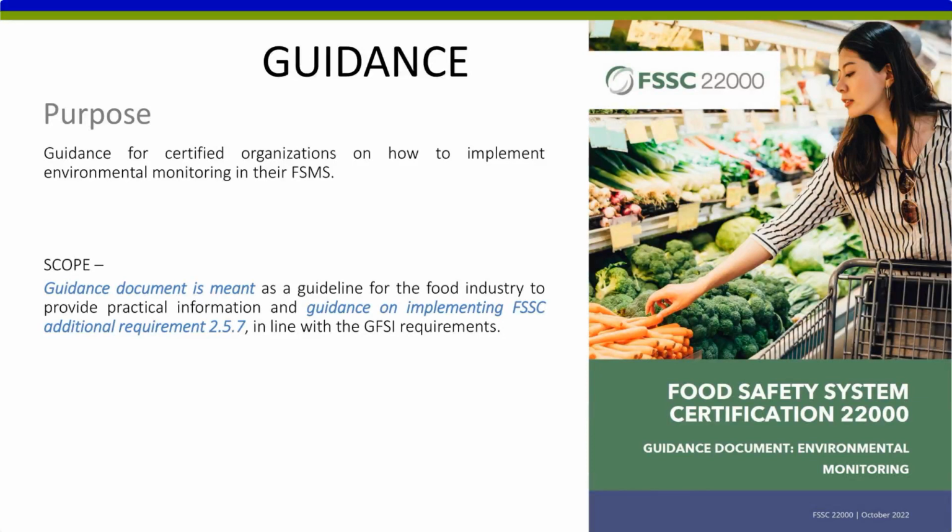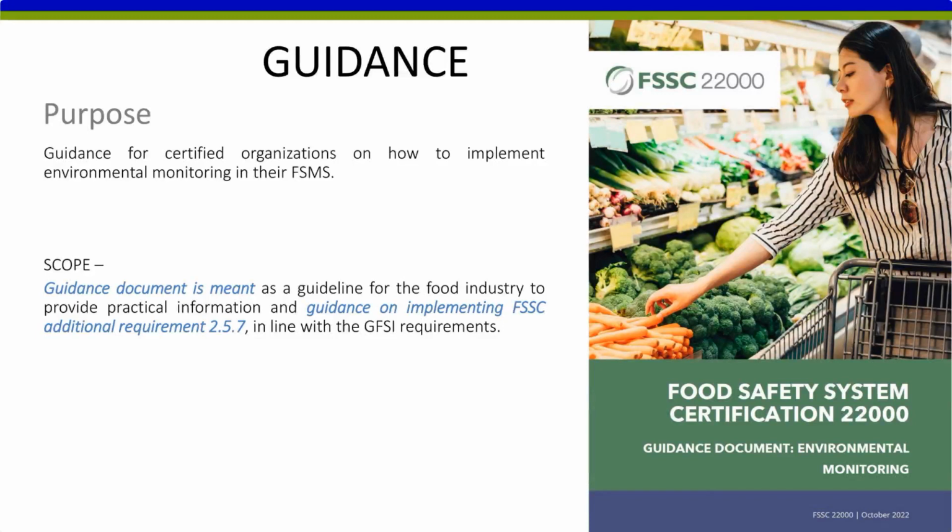And I was not the only one who asked that question, because obviously it needed to be explained. That's why FSSC 22000 issued a guidance document. And this guidance document is actually for the environmental monitoring, and it was issued in October of 2022. Why was this guidance document issued? This is guidance for certified organizations on how to implement environmental monitoring in their food safety management system.